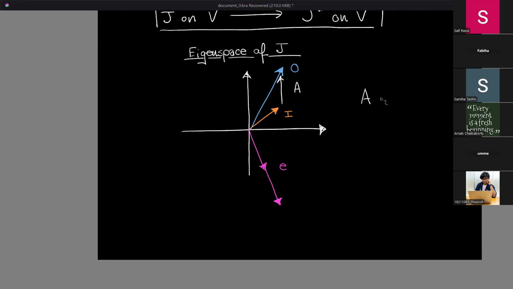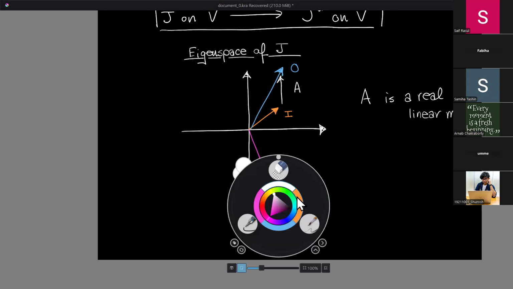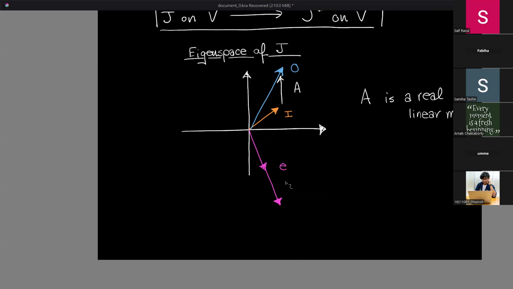If A is a real matrix, if the elements Aij are elements of R, then here you have to have a basis, and then we'll get into all that stuff. If the linear map is real, for example, if A is a real linear map, then these will only be scaled in the same direction.